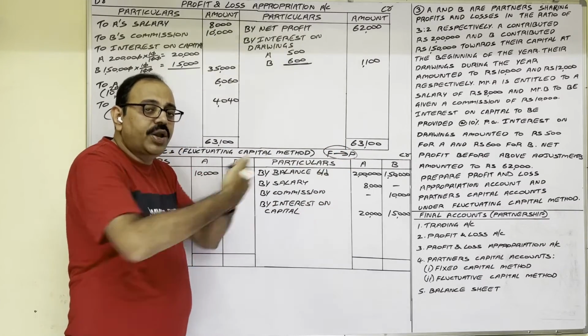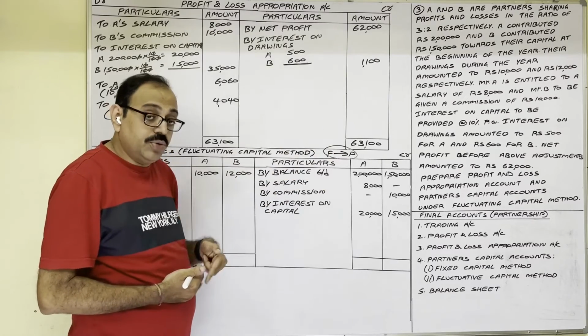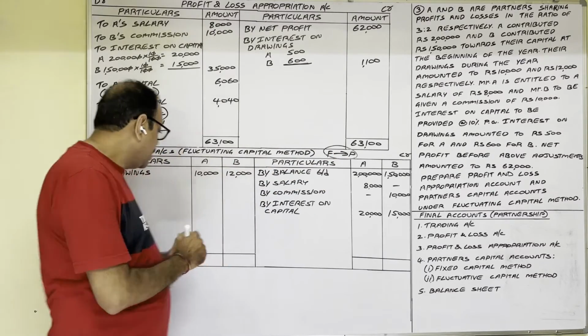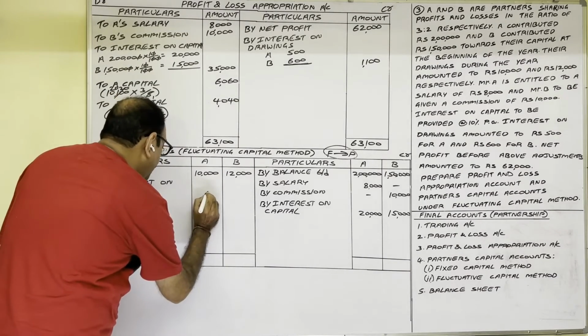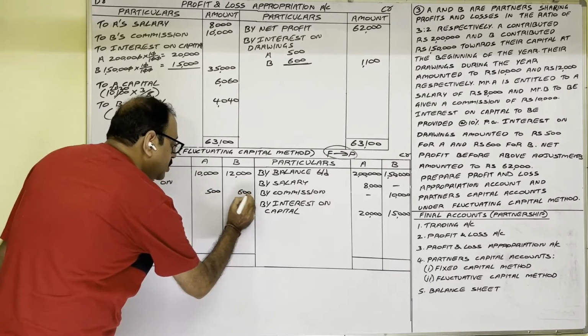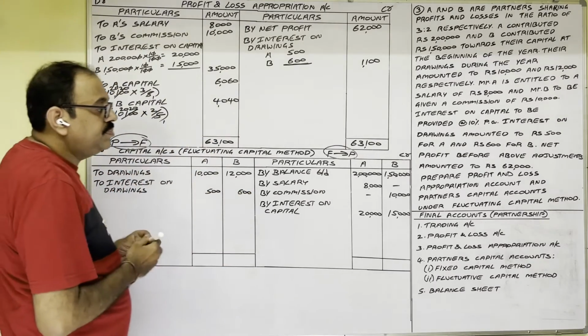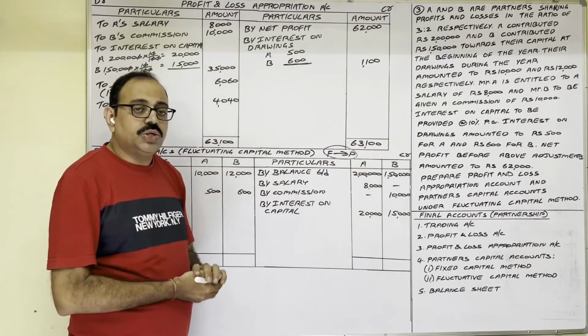Now partner should pay drawing interest to us, no? So interest on drawings partner should pay to the firm, means debit side. To interest on drawings. A, 500 rupees. B, 600 rupees.